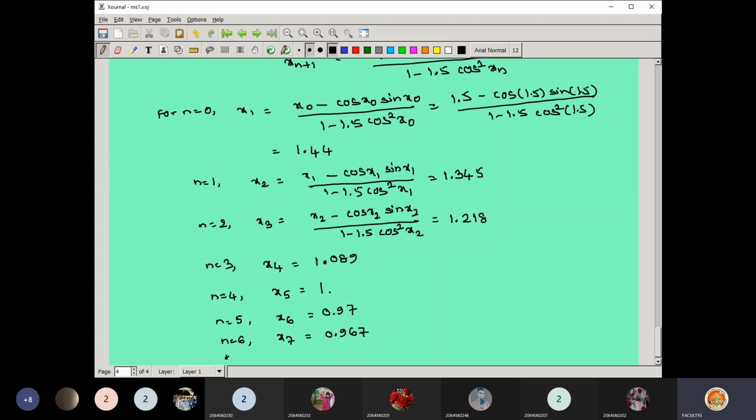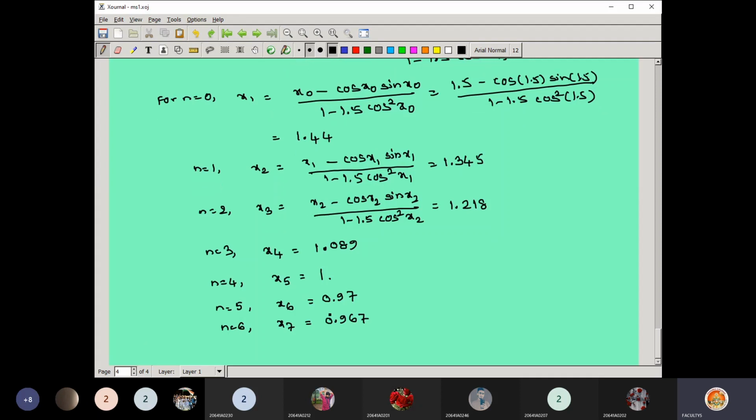Similarly you can go for n equal to 7, because there is still a small difference. I think you are going to get this answer. N equal to 7, so that you are getting x8.